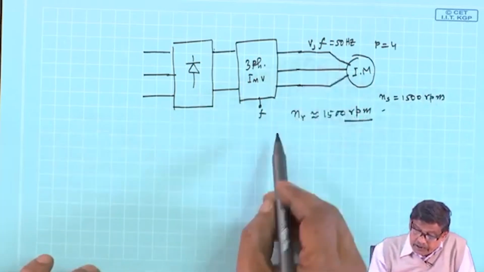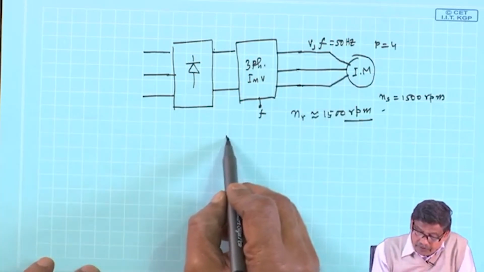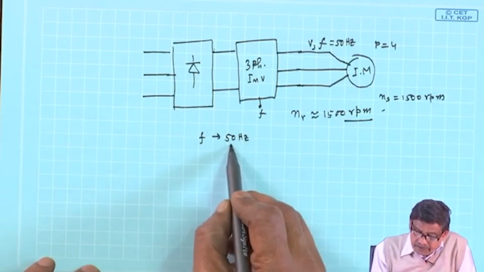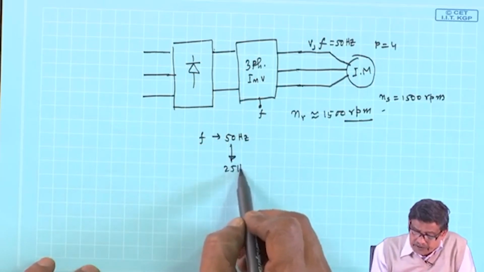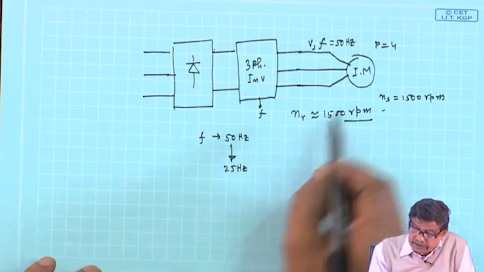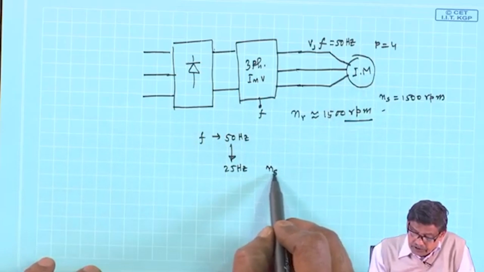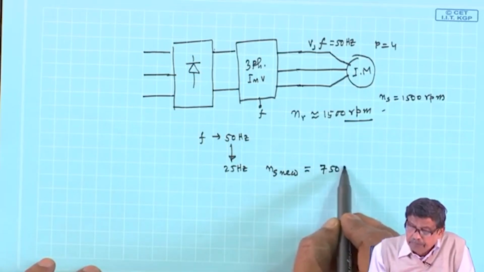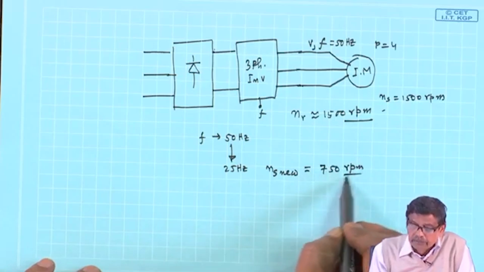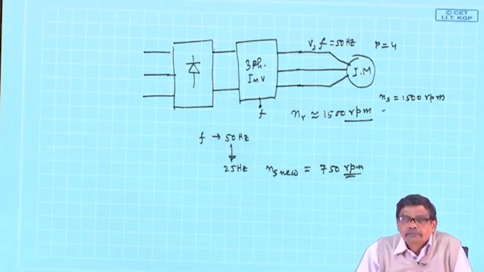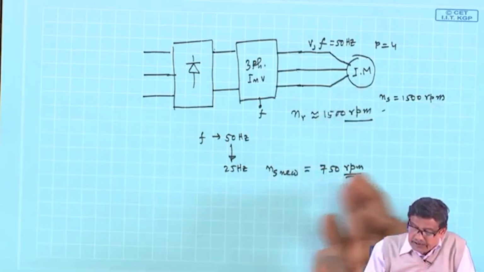Now suddenly you have made F from 50 hertz to 25 hertz. So the new synchronous speed will now be 750 rpm, is it not? And the rotor is running at 1500 rpm already, and the stator field is at 750 rpm.